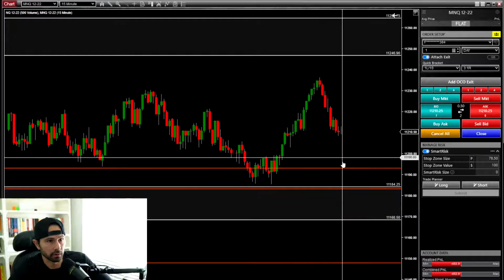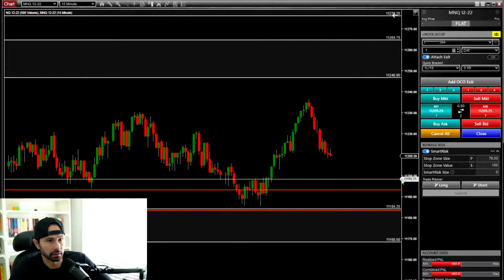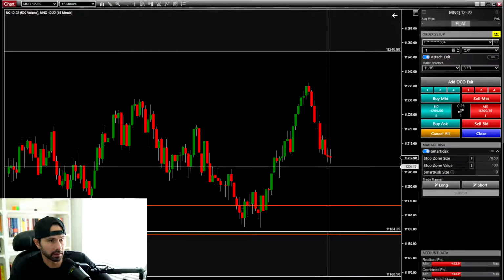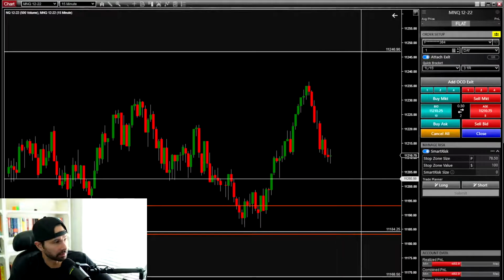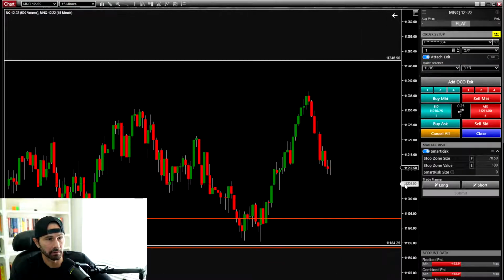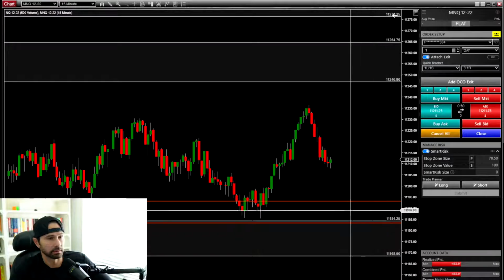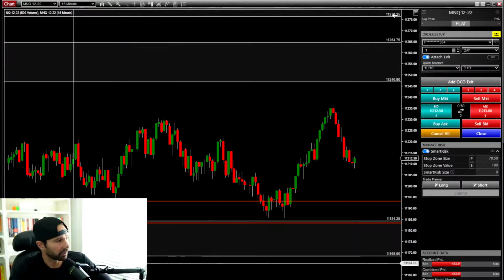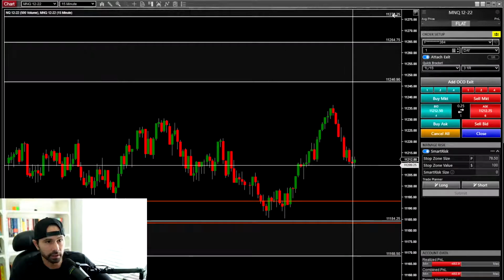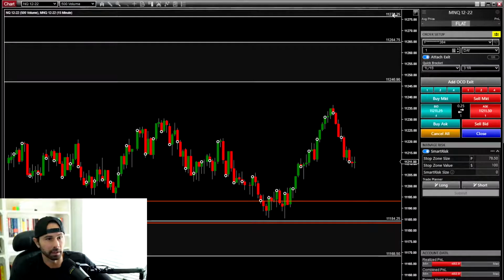So this level in the tick chart is not a bad long. That doesn't mean it's a good level in the NQ. Every time it gets to like minus 200, this thing just bounces back up.